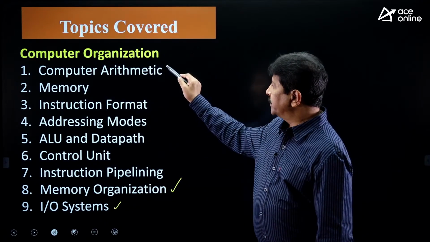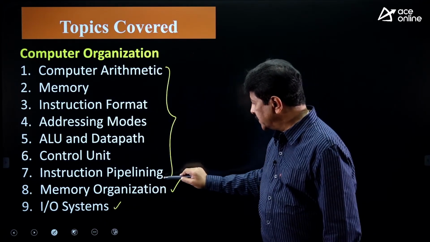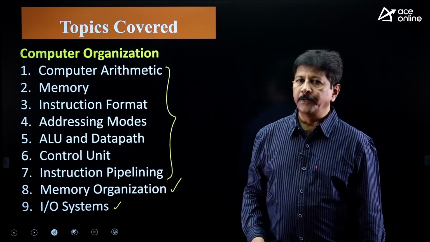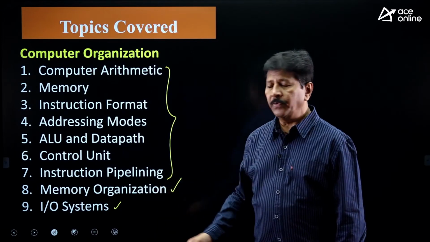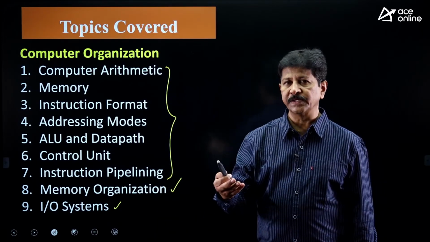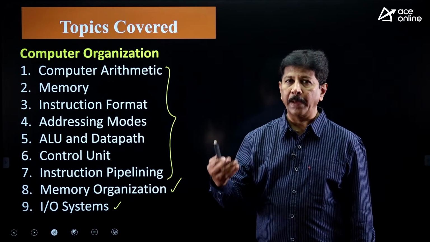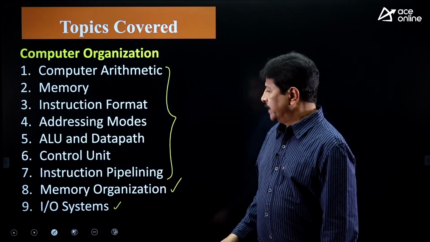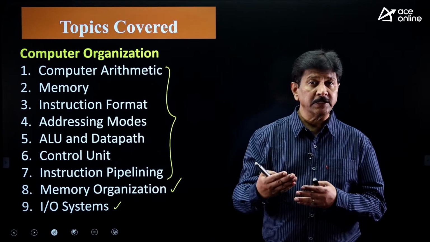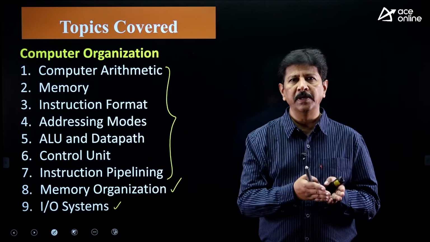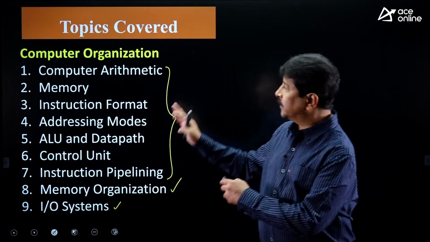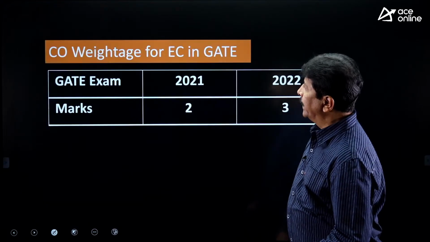In memory organization, we are going to see what cache memory is, how it is organized, and the different types of mapping techniques. In input-output systems, we will learn how to connect input and output devices to the CPU. This is for the engineering services examination.